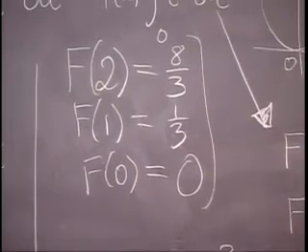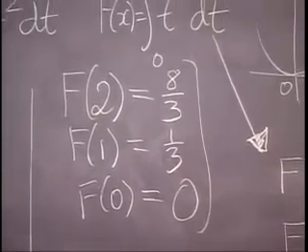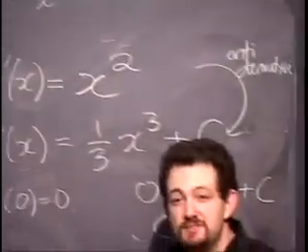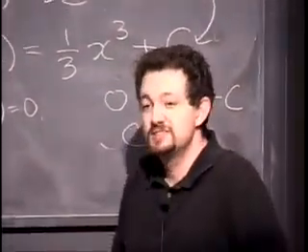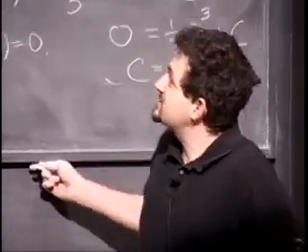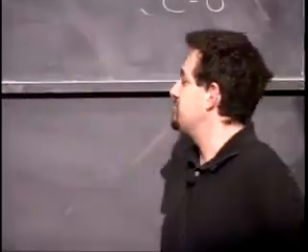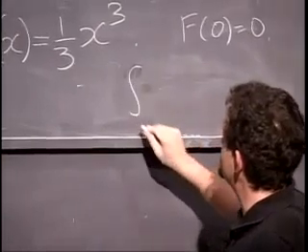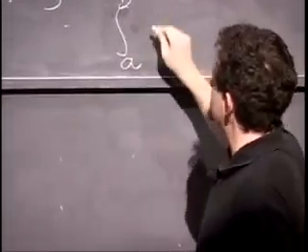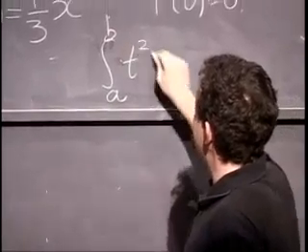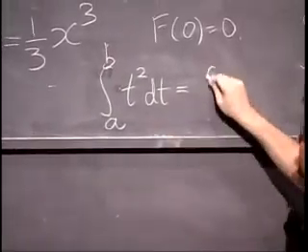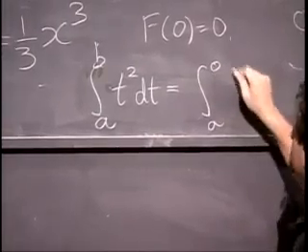And hey, we can now find the integral of t squared from 0 to anywhere. It's kind of nice. In fact, we don't even have to start at 0. We can go from anywhere to anywhere. Suppose you wanted to start at, say, a and go up to b of t squared dt. Well, remember, you can split this up into the integral from a to 0.